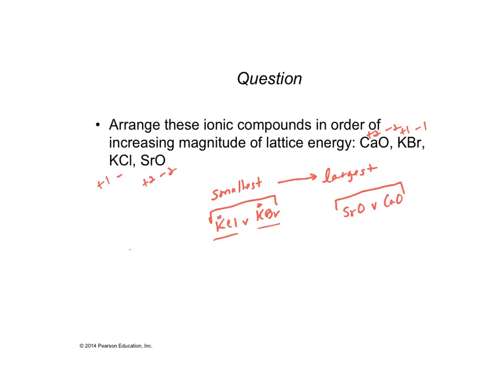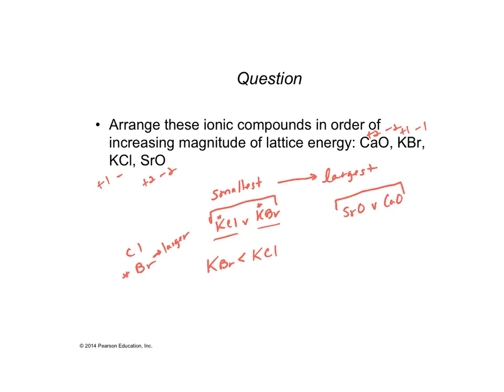You go to the periodic table, chlorine is right above bromine. So who's larger? Bromine, right? So bromine has the larger atomic radius, so it's larger overall. That's going to make the distance between them larger. So that's going to make potassium bromide the smallest. It's going to be less with respect to potassium chloride due to the difference between the radii of the two.